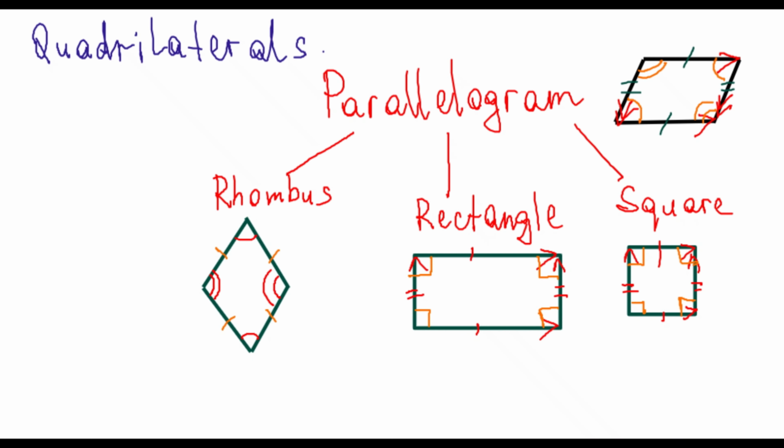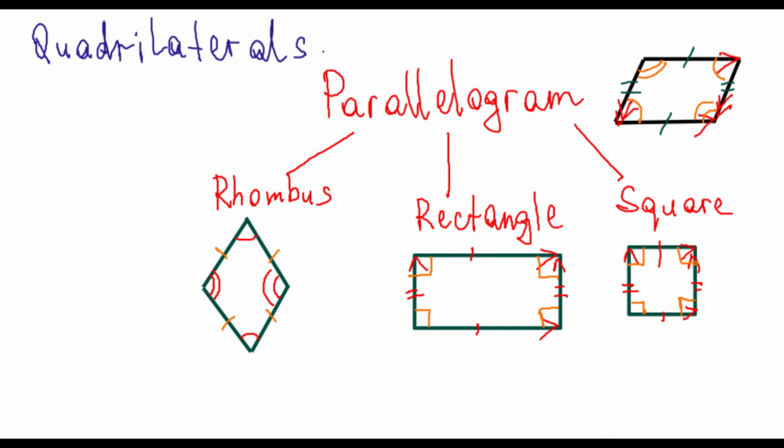So that is why rhombus, rectangle, and square, they are called special types of parallelograms, because if in parallelogram we say that opposite sides are same and parallel, opposite angles are same, and there are two acute and two obtuse angles, all these properties you can find in rhombus, in rectangle, in square.